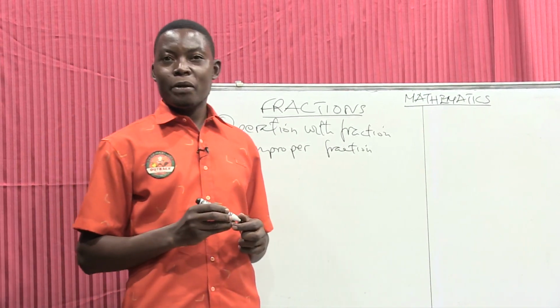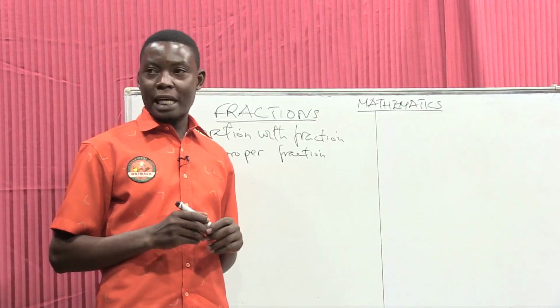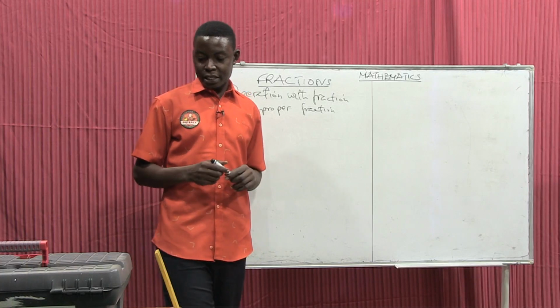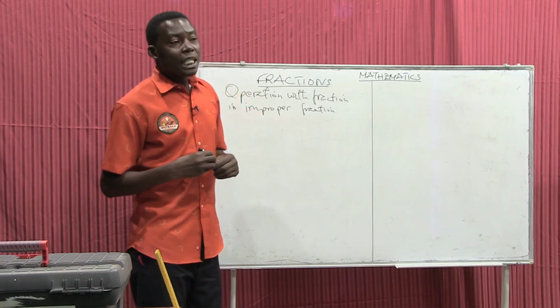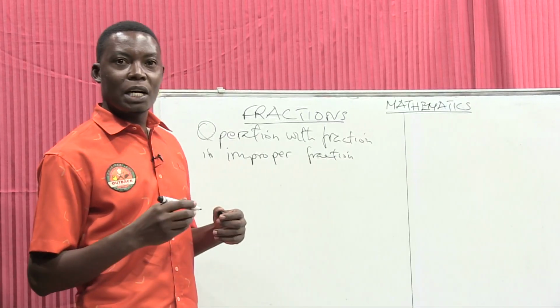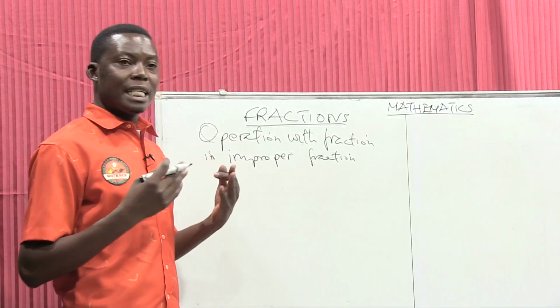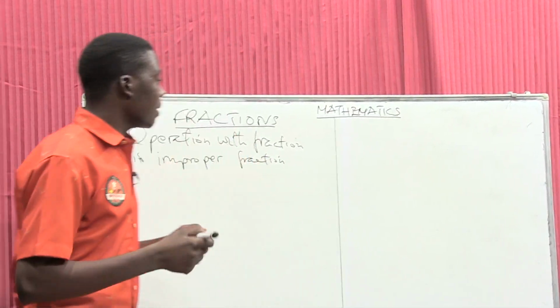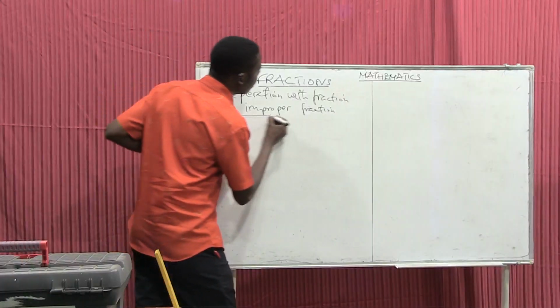You learned about proper and improper fraction, which are types of fraction. We learned also about the numerator and the denominator of fractions. What causes this one to be called a proper fraction, and what causes this one to be called an improper fraction?